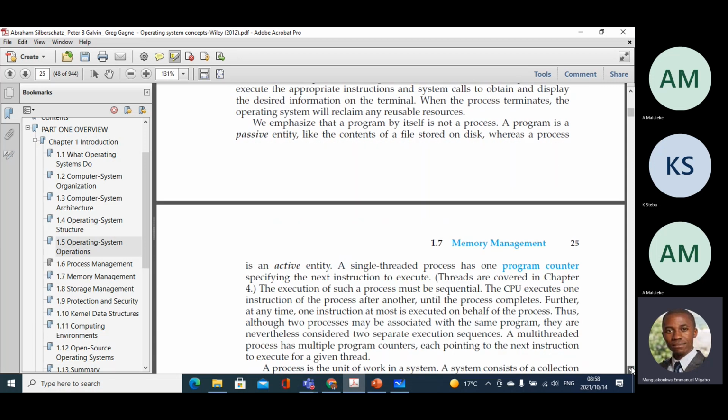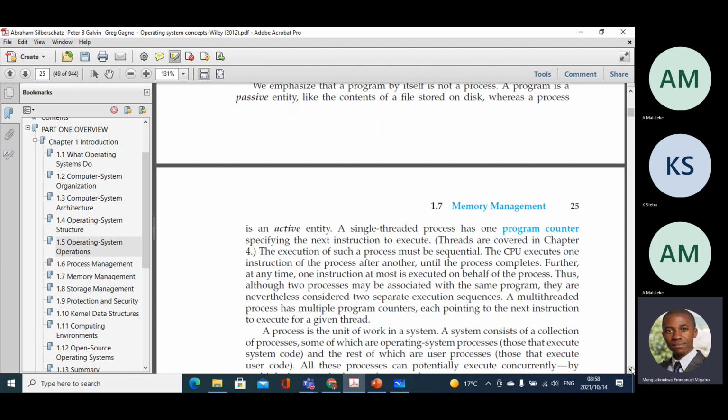But a process is an active entity, meaning it's a program being executed, which means it has steps that get followed one after the other in a specified manner. So we speak about a single threaded process as one that has one program counter, specifying the next instruction to execute.